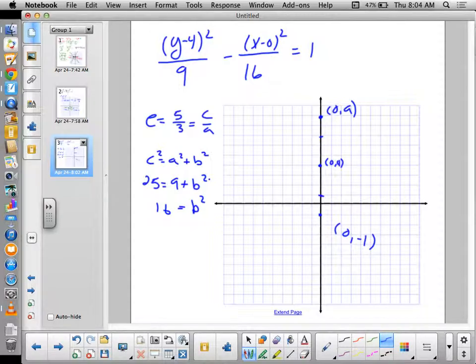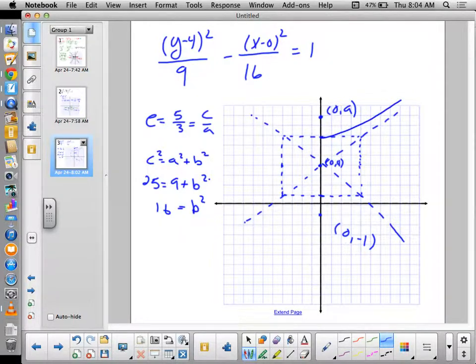And if I were to graph that, again, we go 1, 2, 3, 4. So my graph, if I had to do that, we draw on our diagonals. There's my hyperbola.